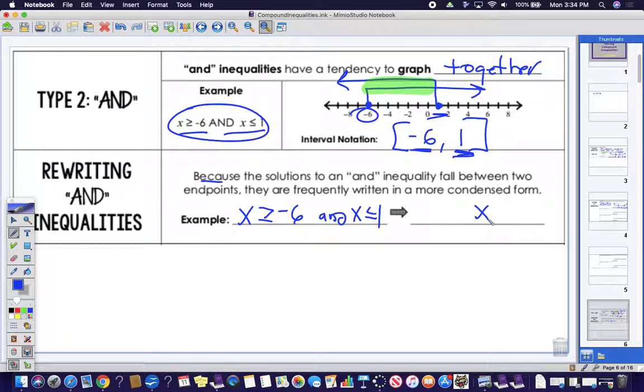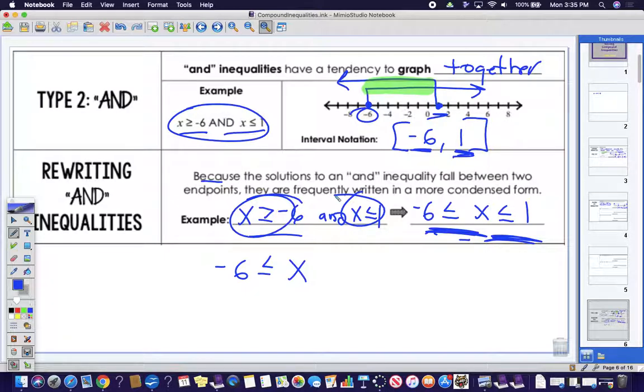We take this inequality and flip the x and the -6 around, which means we have to flip the sign. If I read this from right to left, it would be x is greater than or equal to -6, and then the other inequality, which is less than or equal to 1. So that's in a more condensed form.